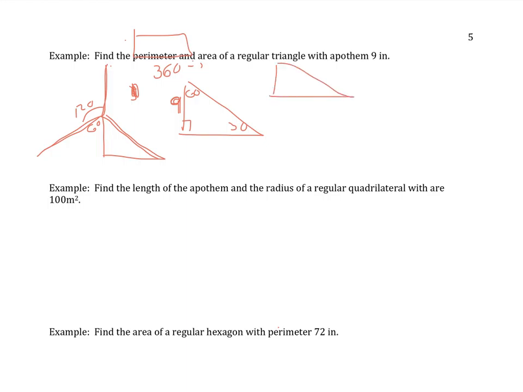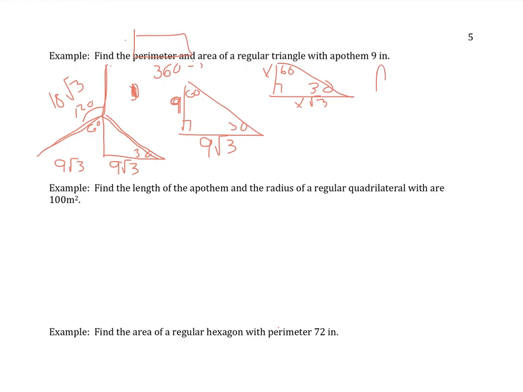So remembering our 30, 60, 90 right triangle model, the side opposite 30 is x, and the side opposite 60 is x radical 3. So our side that's opposite 30 is 9, which would make this be 9 radical 3. So each one of these is 9 radical 3, and each side would be 18 radical 3.